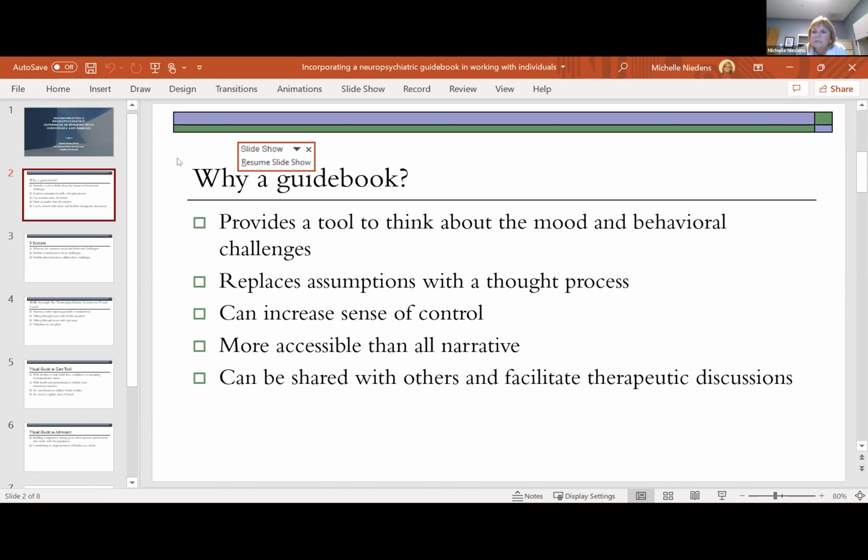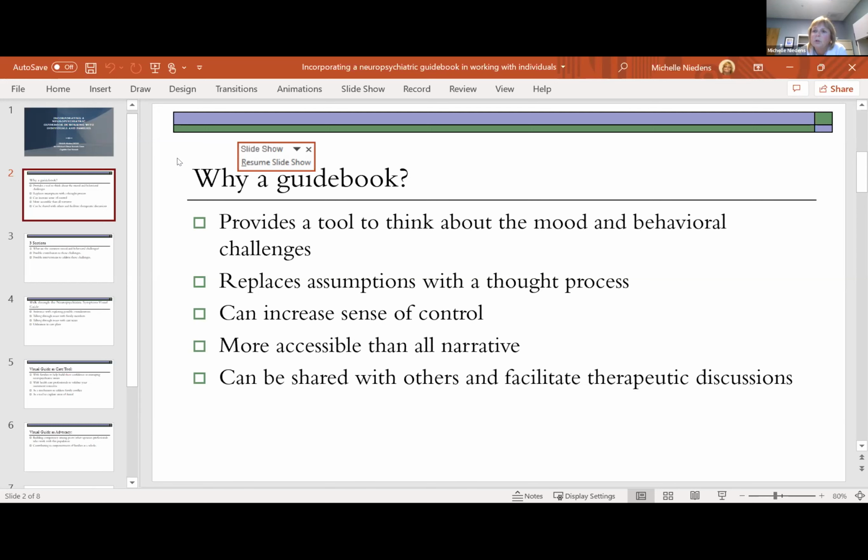For example, we see depression presents differently in individuals with dementia, and so we can miss it because of what we perceive to be depressive signs. We can make assumptions about what is typical or normal for the disease process.